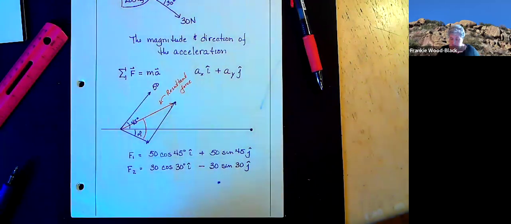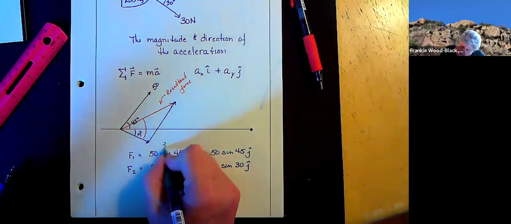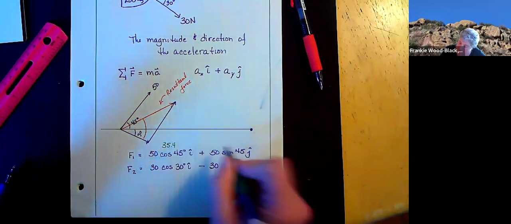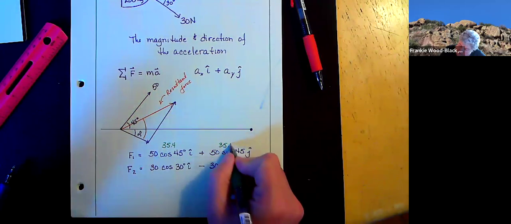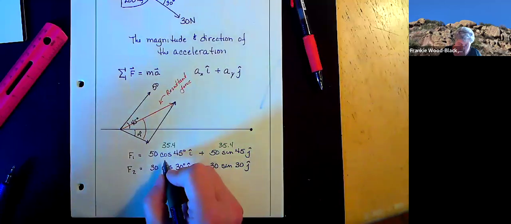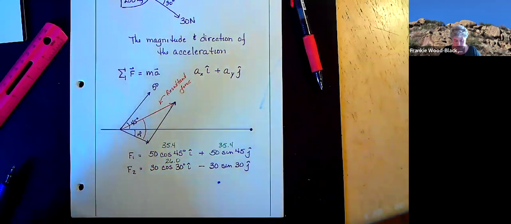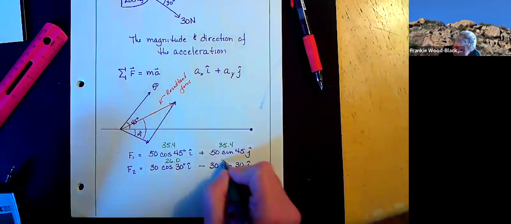So if I do the calculations here, this is going to be 35.4. This one's also going to be 35.4. This is 26.0. This is negative 15.